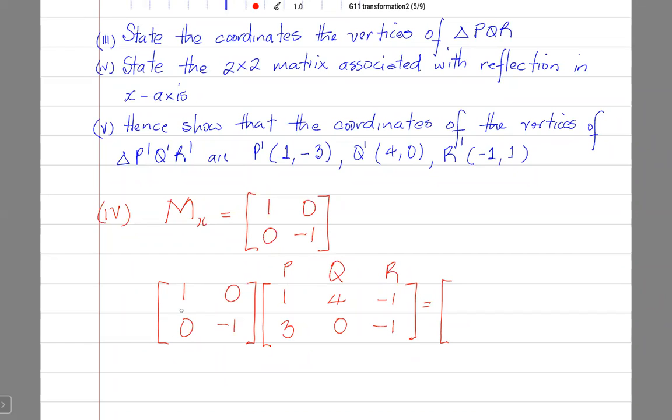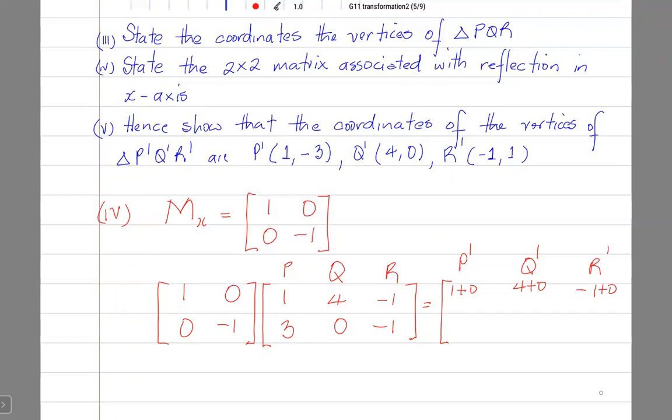Let's multiply row by column. So it's 1 times 1, 1, and 0 times 3 is 0. I'm going to multiply the top row by all of the columns. 1 times 4 is 4. 0 times 0 is 0. Then the top row by the right column, 1 times -1 is -1, and 0 times -1 is 0.